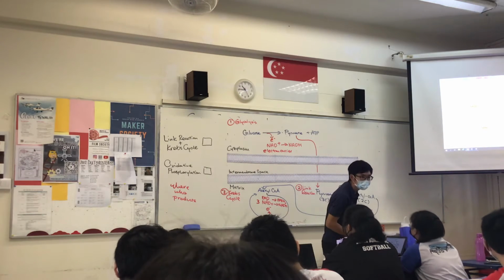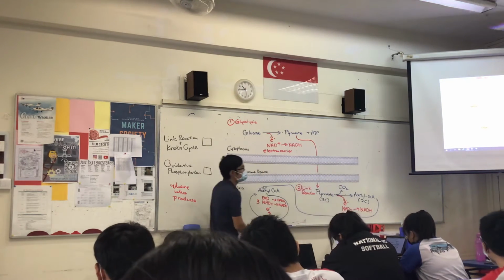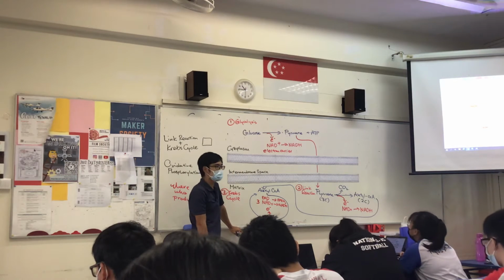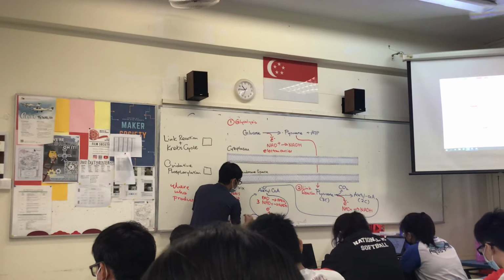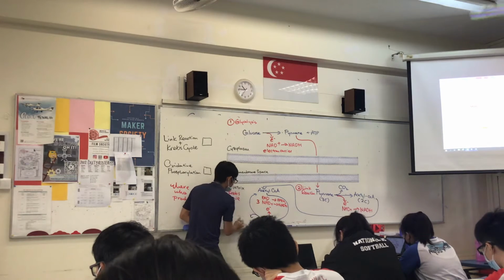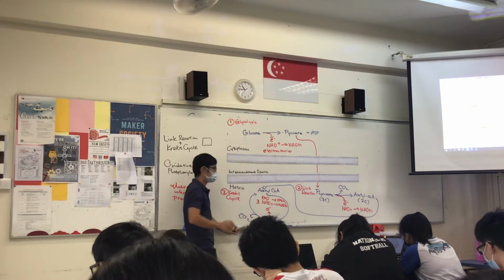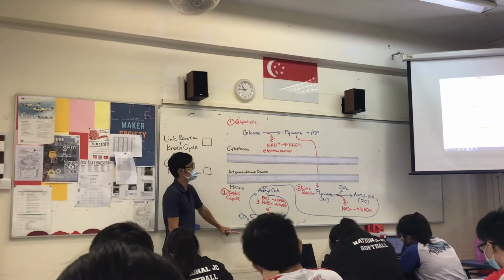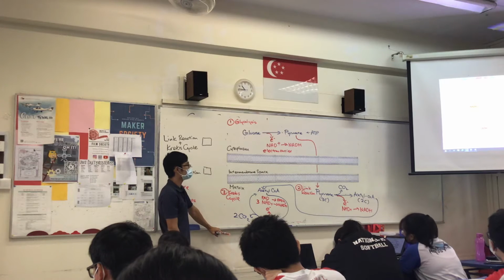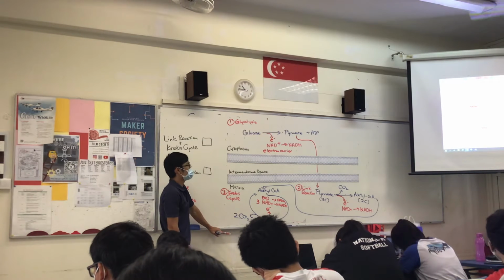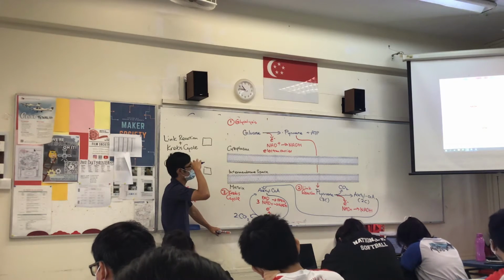CO2. You see CO2 being extracted out. So CO2 is another product we find. We extract out CO2, specifically 2 CO2. Anything else we extract out or form?